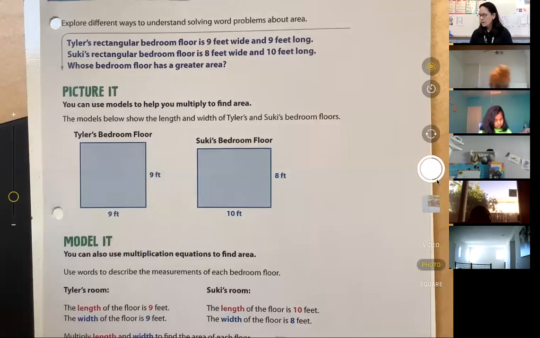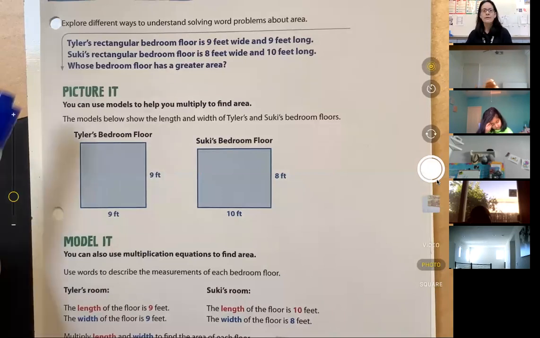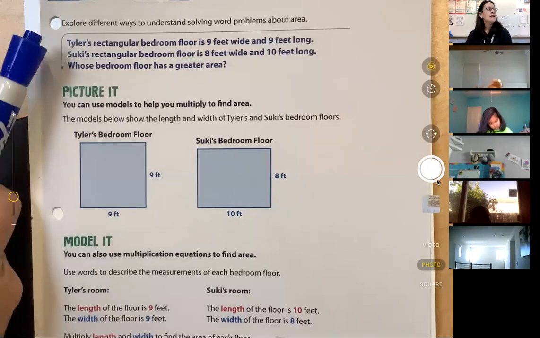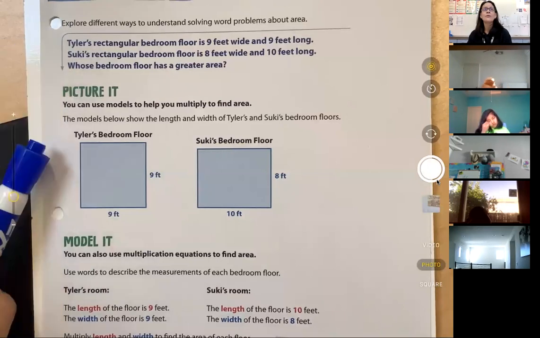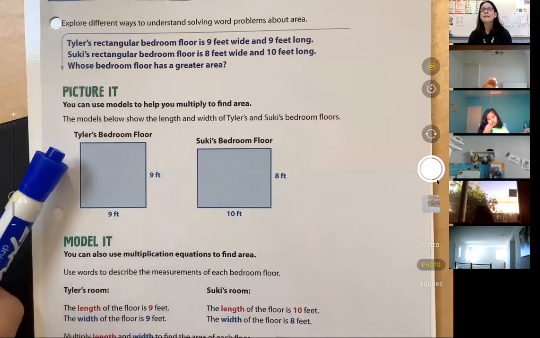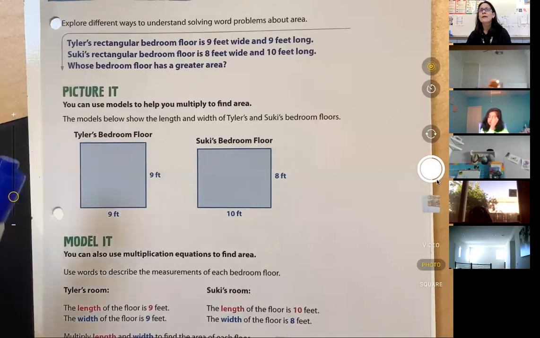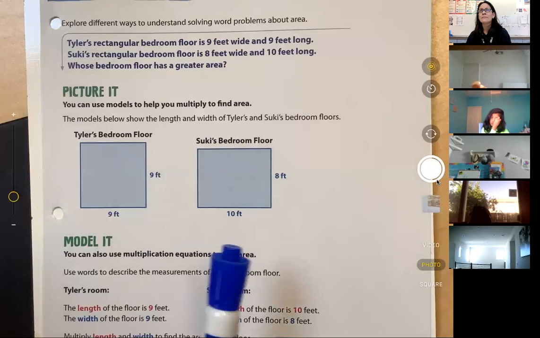All right, friends, so at the top of page 326, you can see here that it is repeating the problem that we just worked through, but it's giving you a different way to picture it and model it. So again, in review, we're seeing Tyler's bedroom floor is a 9 by 9. Suki's bedroom floor is a 10 by 8.